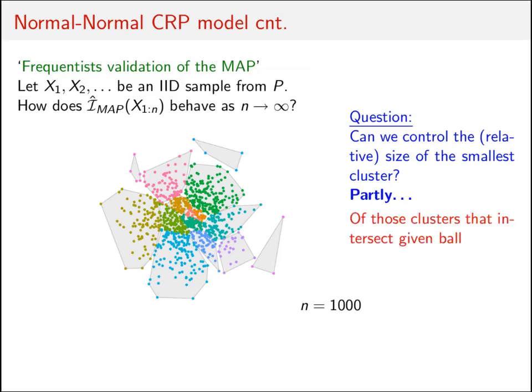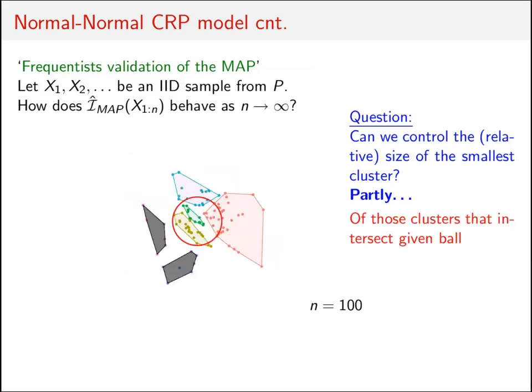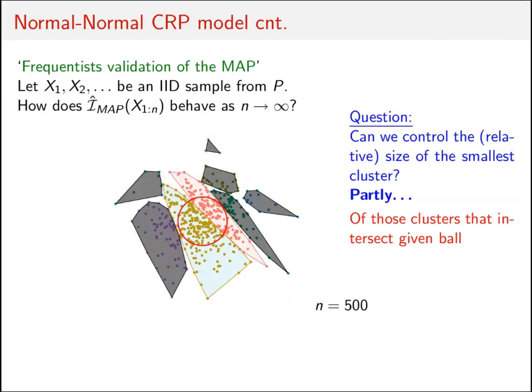And what is the restriction? Namely, we concentrated on the clusters that intersect a prefixed ball, a ball fixed a priori. So at the very beginning, I fixed a ball in the space and keep track only of those clusters that intersect that ball, that have at least one point in common.